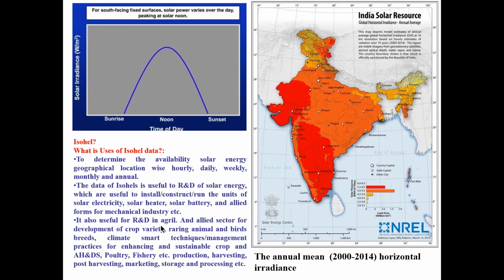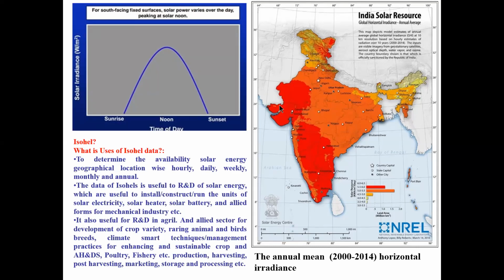It is also useful for research and development in the agricultural and oil sector to develop crop varieties. With changing isohel and changing energy, which type of variety should be developed and how. Also for rearing animal development, bird breeds, climate smart techniques, management practices for enhancing sustainable crop and animal husbandry, dairy science, poultry, fishery, etc. Marketing, storage, and processing.